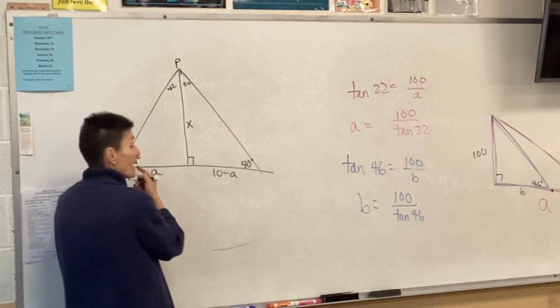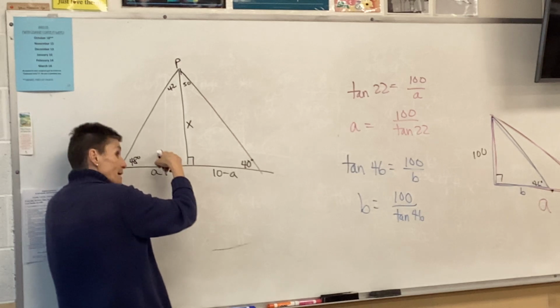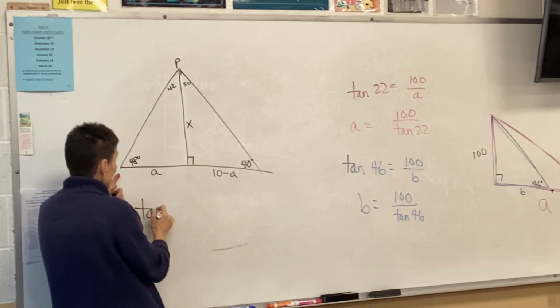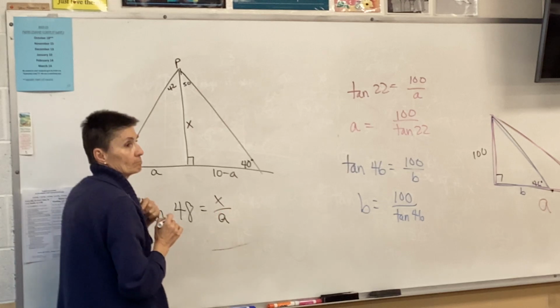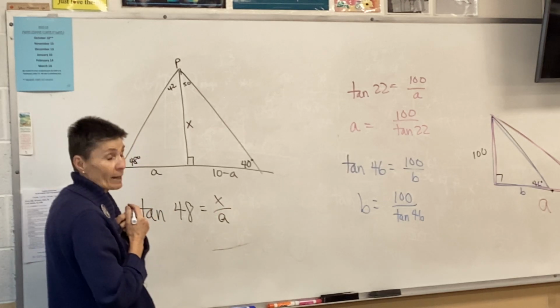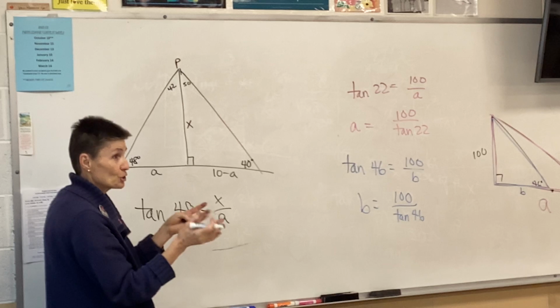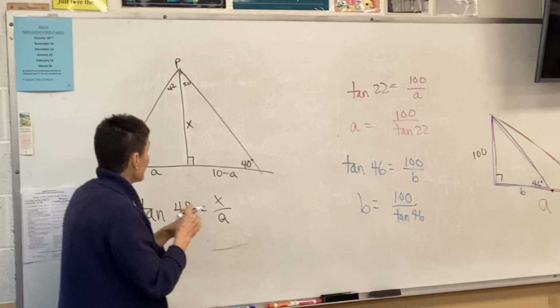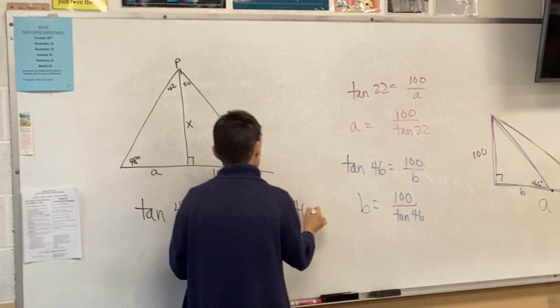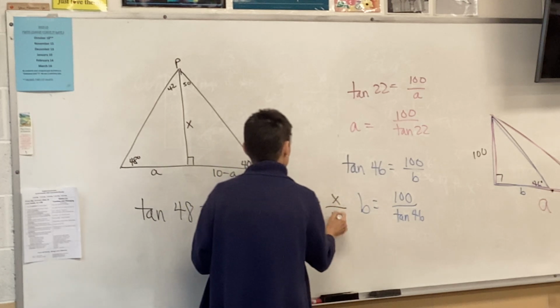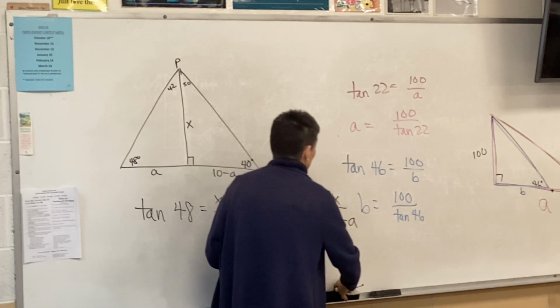So could I say, in this right triangle, tan 48 equals X over A? Now, I know I can't solve that, but is that a legit thing? All right, and then can I come over here and say tan 40 equals X over 10 minus A?